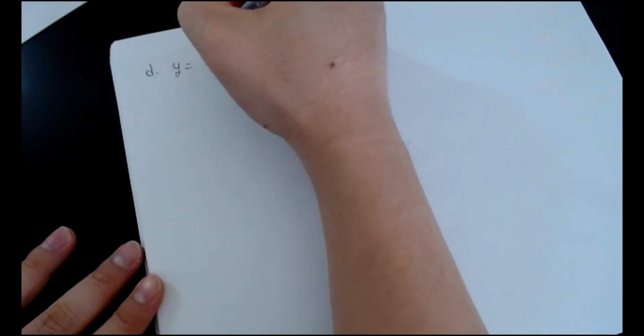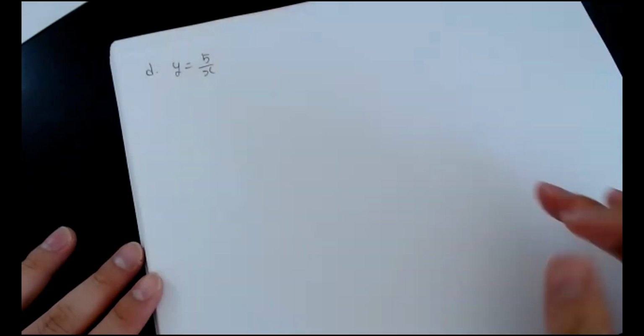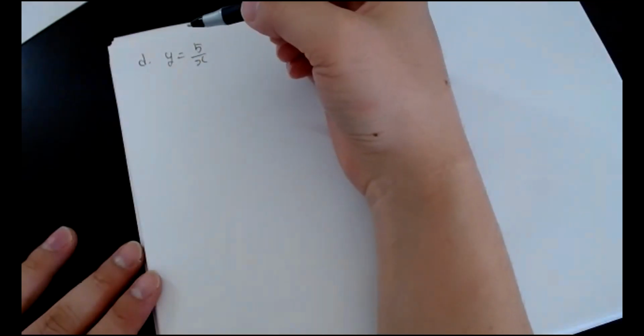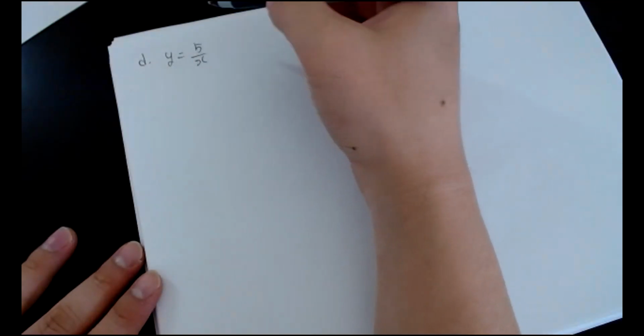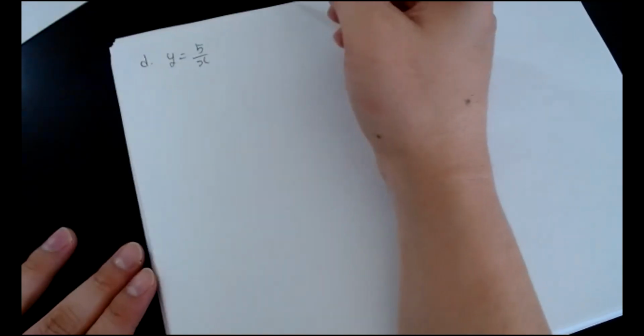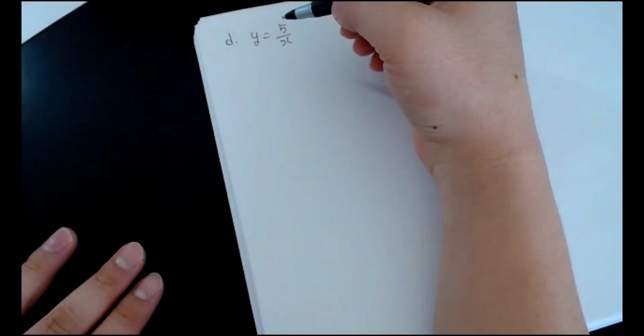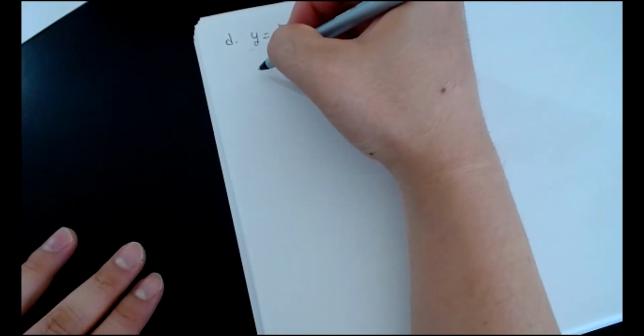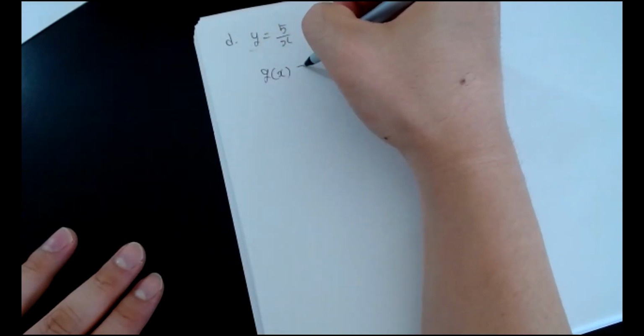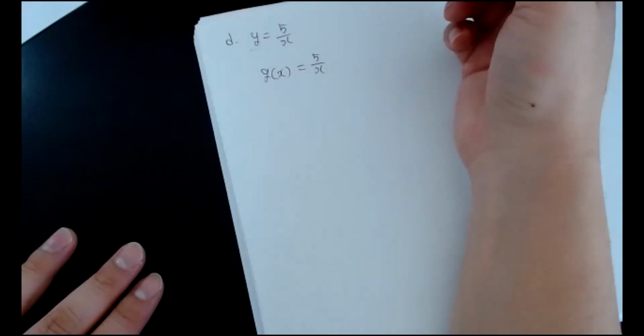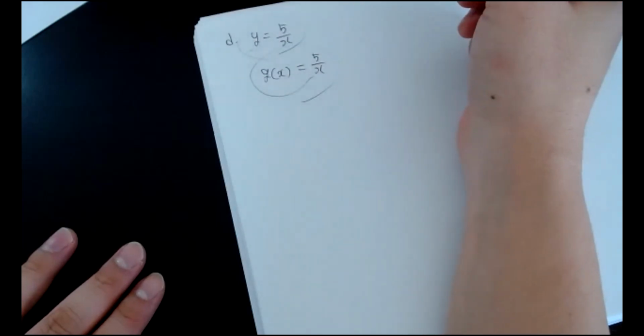y is equal to 5 over x. It means that y is determined by x, so actually y is a function of x. Let me use function notation instead of y. Let's say g of x is equal to 5 over x. These two expressions are identical.